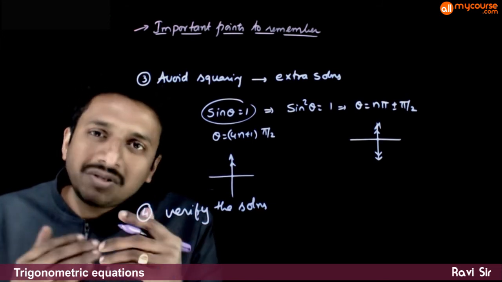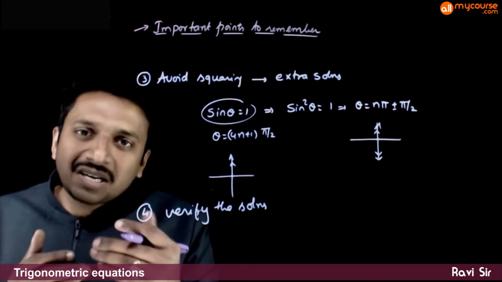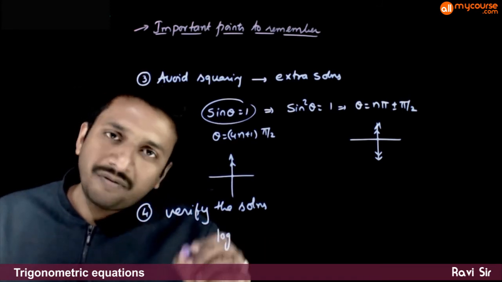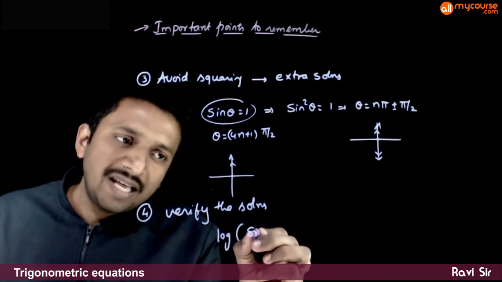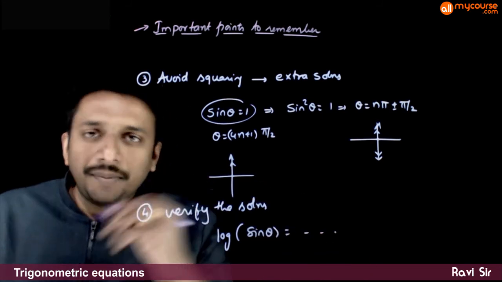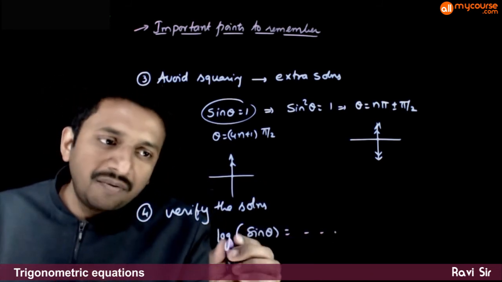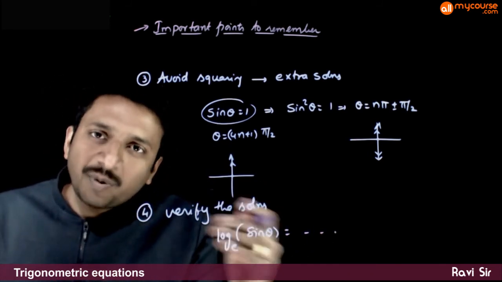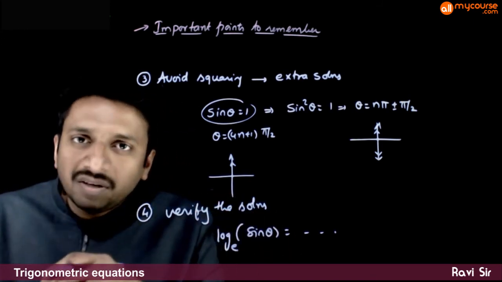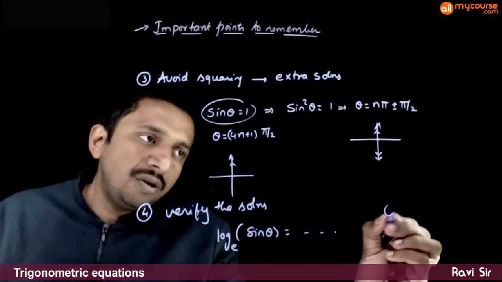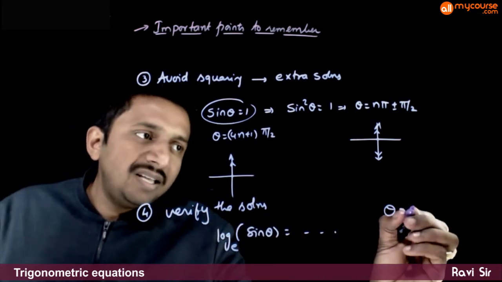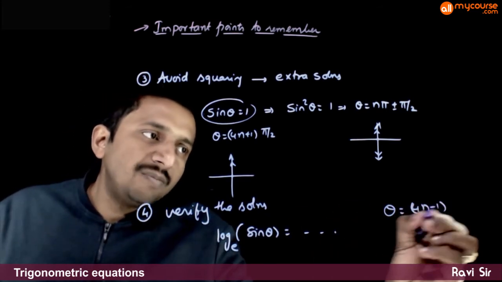For example, if the original equation has certain extra functions like a log function. So if you have log of sine theta is equal to 1, we usually convert this into exponential form and solve the equation. And finally, if you have the solution as theta is equal to (4n minus 1) times pi by 2.